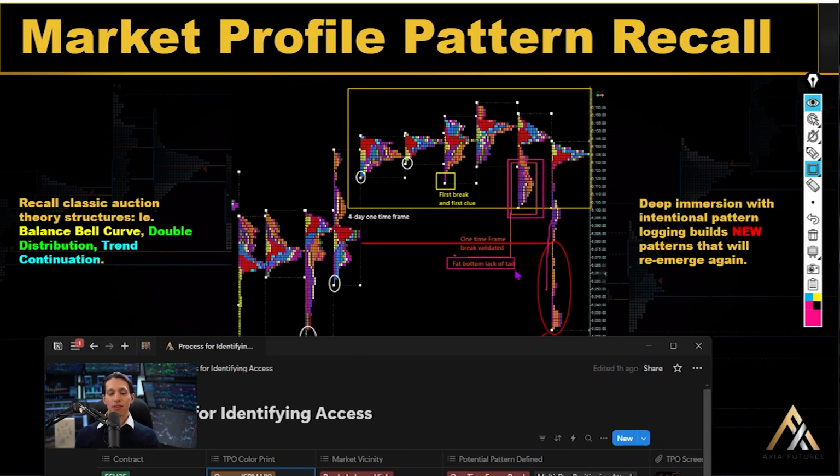It gives me the fat bottom, lack of tail. So often when a market develops value, it doesn't always develop a tail. Now, the value that's developed here did not manage to put in any kind of buying tail, any kind of extreme. To the upside, it didn't either, actually.